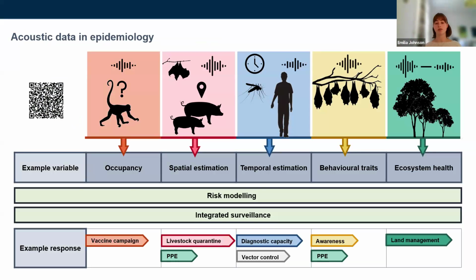But the same is true for the acoustic monitoring audience: to think about the problems that you're already working on and the techniques, the sampling designs, and the complexity and the statistics to analyze all this data, and how that can be retrofitted to questions for epidemiologists. Here are examples of occupancy, so where macaques are, spatial estimation.